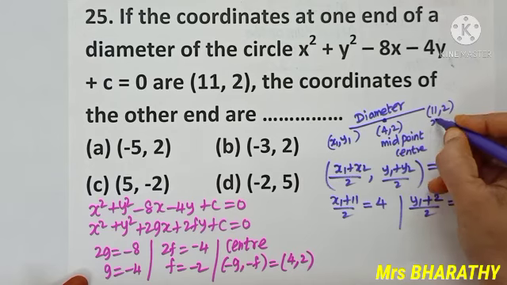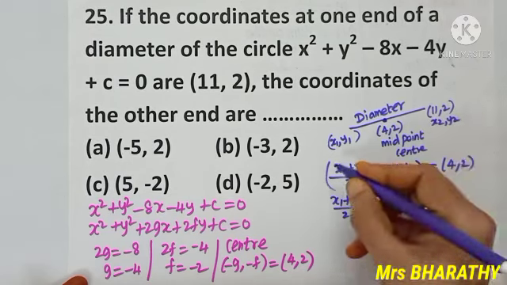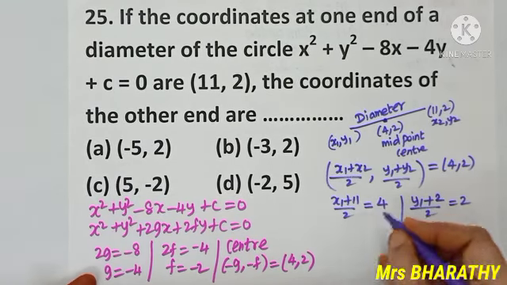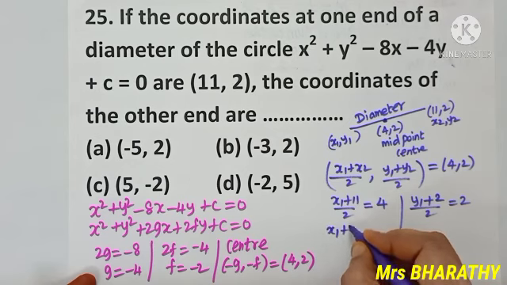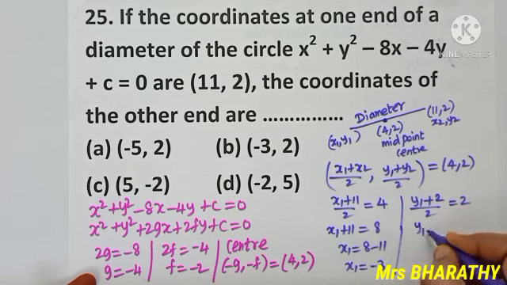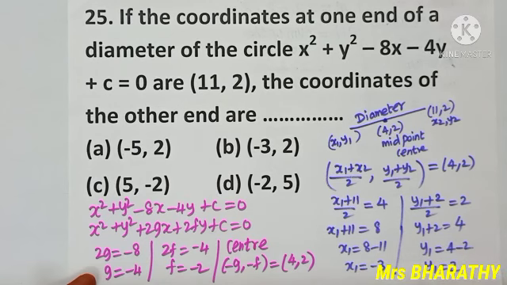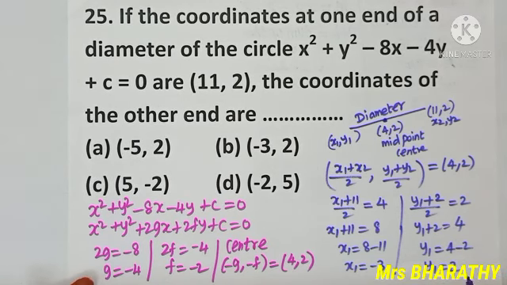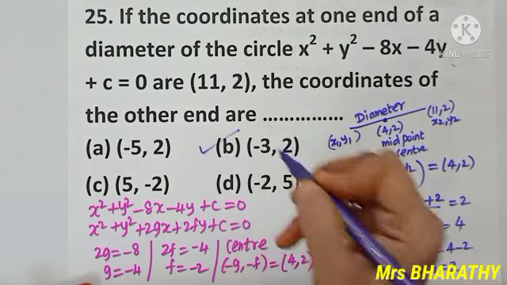So this I call x2, y2 as I substitute and I cross multiply. x1 plus 11 is 8. x1 is 8 minus 11 or it is minus 3. y1 plus 2 is 4 or y1 is 4 minus 2, that is 2. So the right choice is minus 3, 2 and the right option is B.